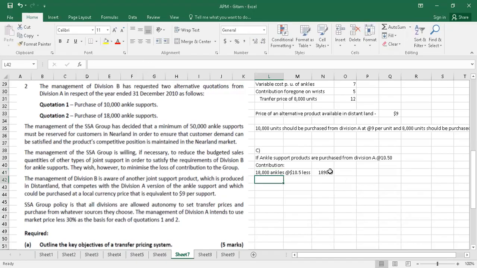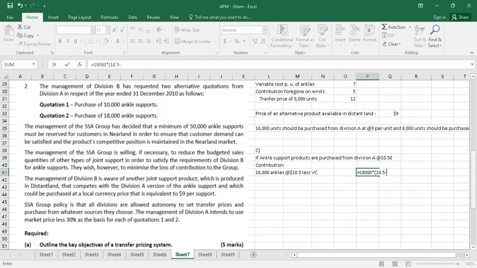Let's present it that way. I'm writing it here. Look at the calculation bar. Now here it is 18,000 ankles into the price, which is 10.5, minus the variable cost.